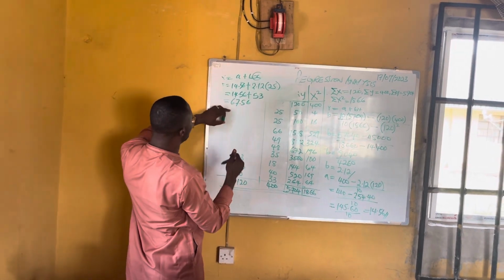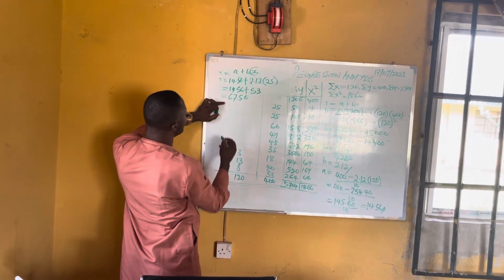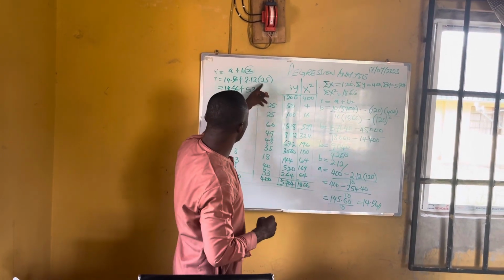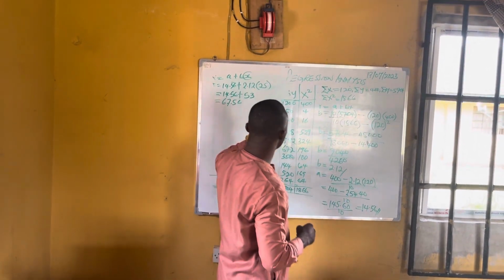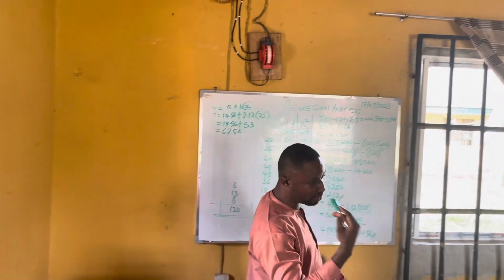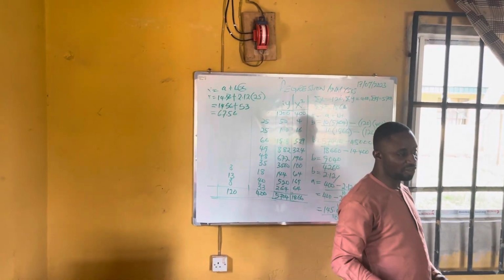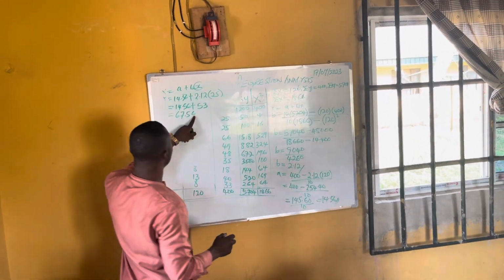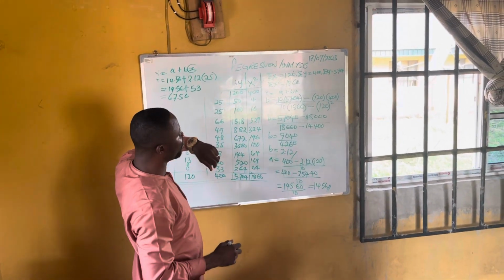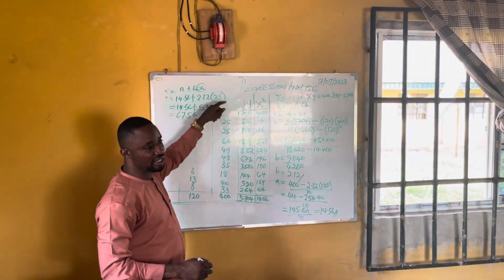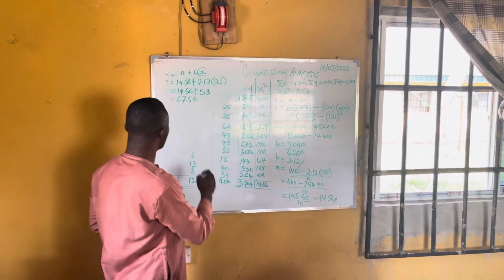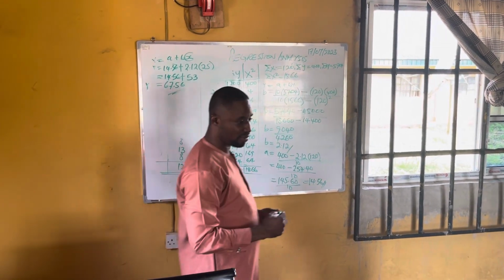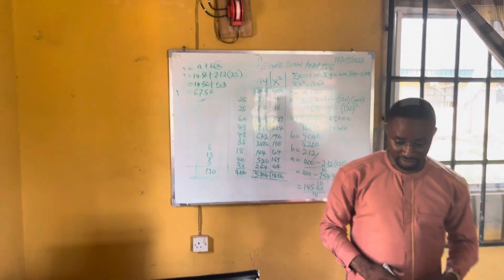So about 67.56 thousand metric tons will be produced by this estimation. Are we together? So y is equal to that.